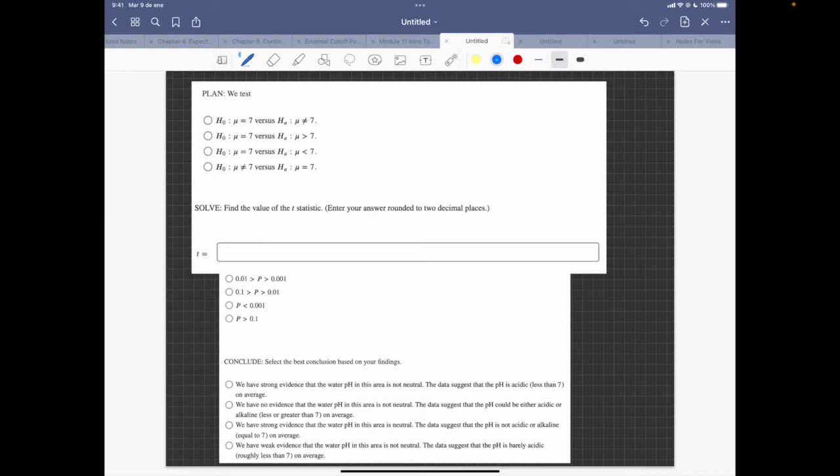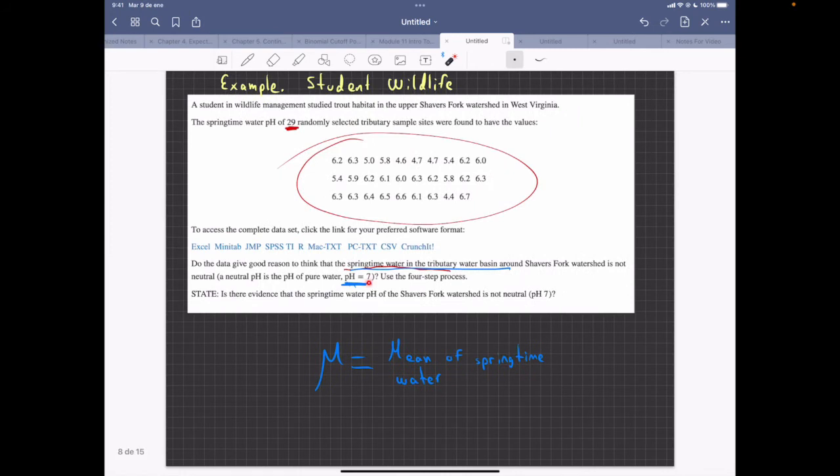In the H null, you always need to have the parameter equal to something. Obviously it cannot be this option, because it says mu different. So it should be mu equal to something. In this case, it's mu equal to 7, because the neutral value is supposed to be 7.